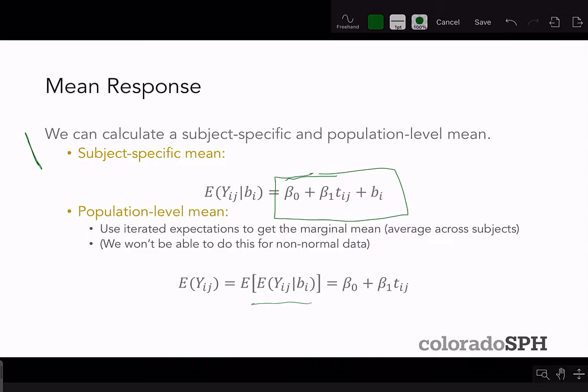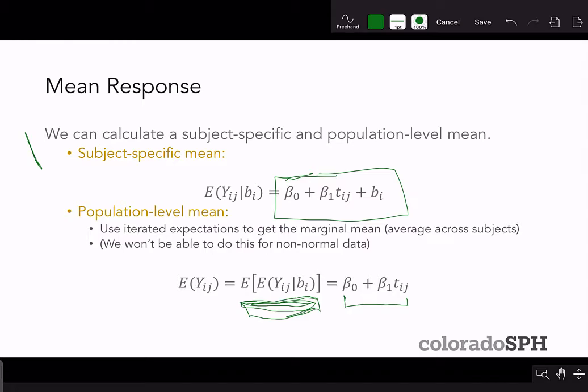This is called iterated expectations, by the way, and there's a law of iterated expectations that tells you how to take a double expectation like this. And by doing that, you can get a population-level mean as well from this model.